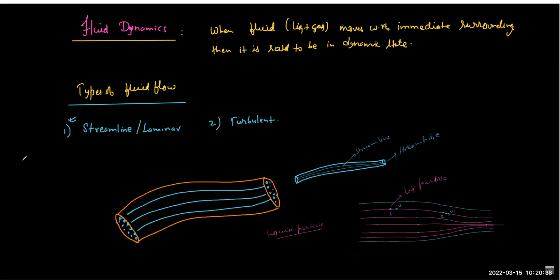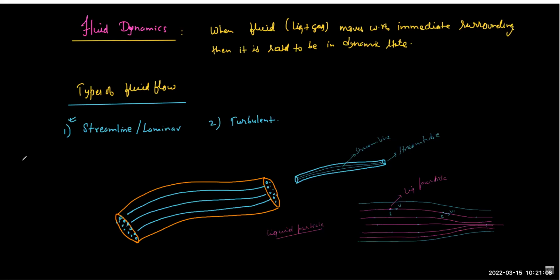So in case of streamline, what happens? The velocity becomes the property of the space, and a particle crossing a particular coordinate of that space will have a unique velocity. So when the particle which is chasing you crosses the same point, it will always cross with the same velocity. So the space will have a well-defined velocity.